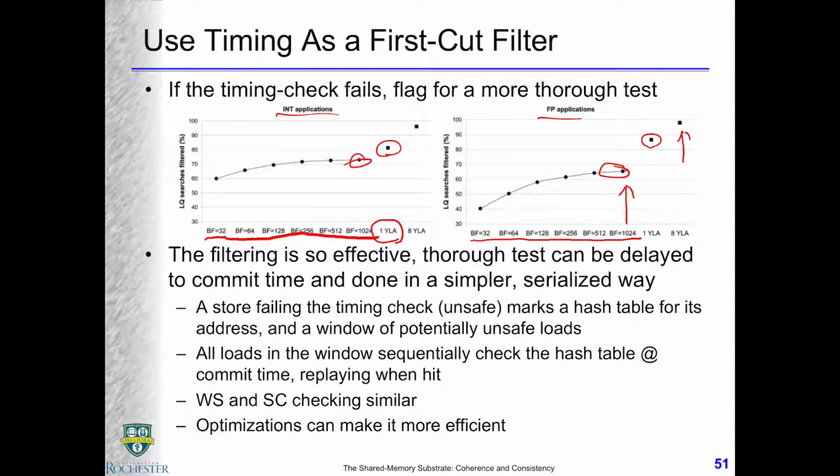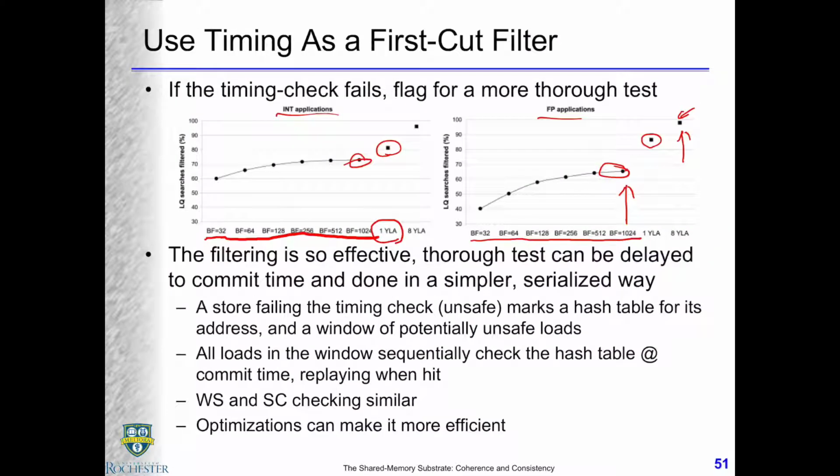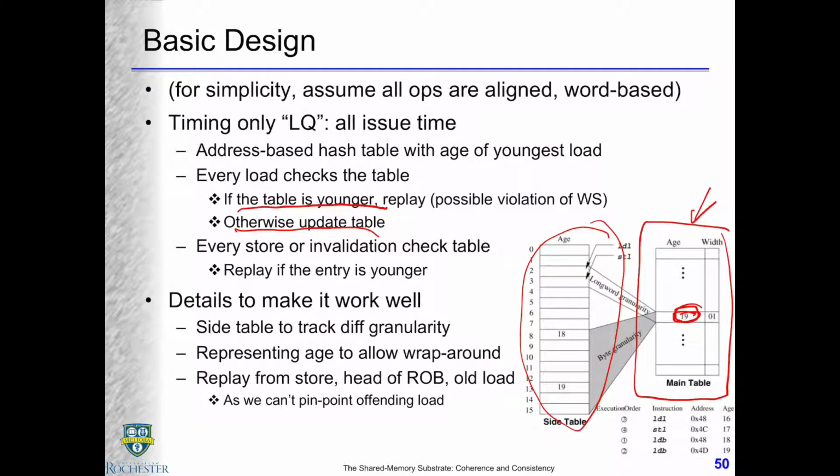And for the few cases, the 2% where you fail this test, you can do a couple of things. Of course, you can squash and replay. That will perhaps impact your performance, but you can also do some more testing. And in our paper, we did discuss this in detail, which I'm not going to cover in this video.